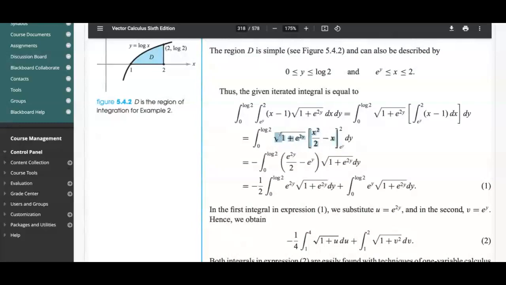Once we integrate the x direction, we get a function of y. So miraculously, we see e to the 2y, e to the y now. Now we can split into 2, e to the 2y and e to the y.